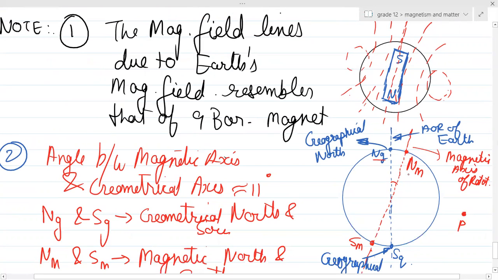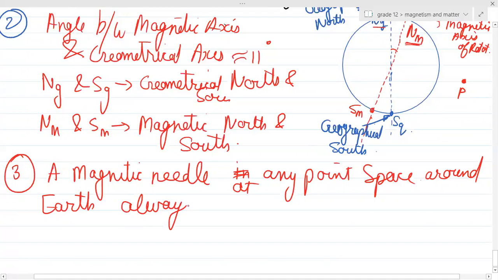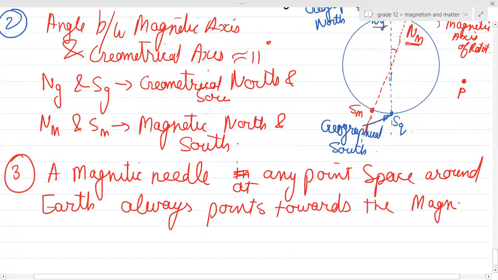It will point towards this NM. Okay, so a magnetic needle at any point in space around Earth always points towards the magnetic north.